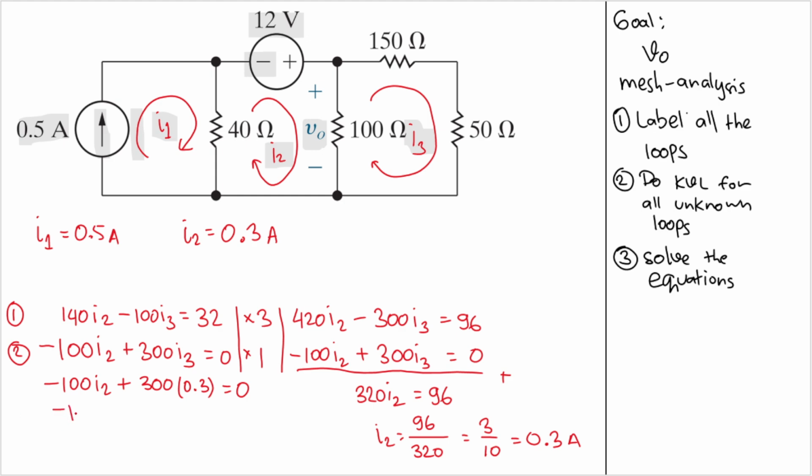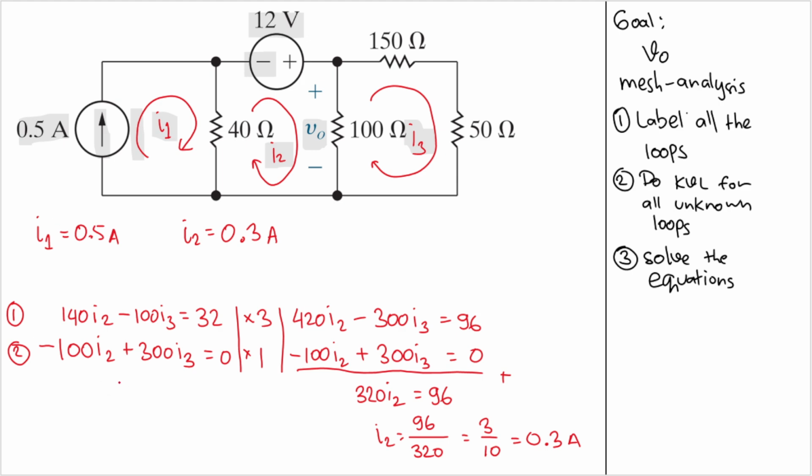So I will have minus 100 I2 plus 90 is equal to 0, or 100 I2 is equal to 90. Therefore, I2 here is equal to 90 over 100, or that will be 0.9. The unit here will be in ampere. Okay. Oh no, I made a mistake here. Yeah, I made a mistake.